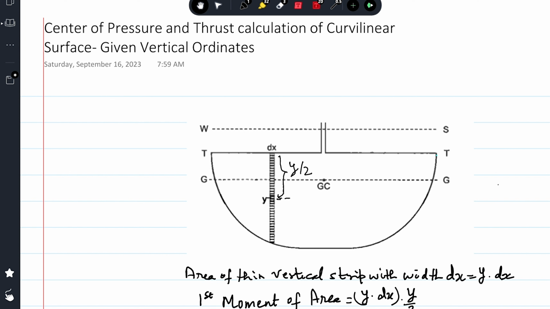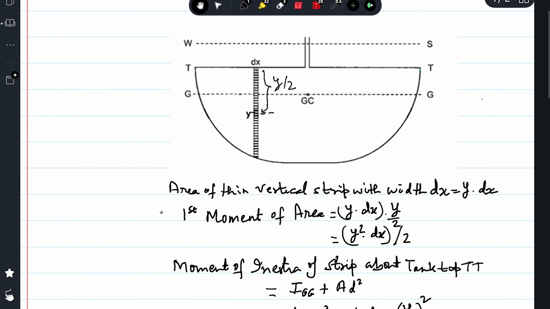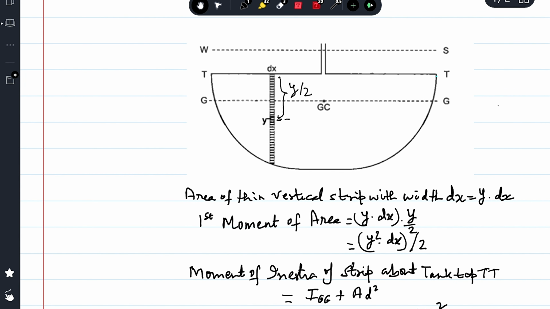What is the derivation behind the formula which we are using? Like we see here, ship's bulkhead. It's a vertical bulkhead, and DT is the tank top of the bulkhead.